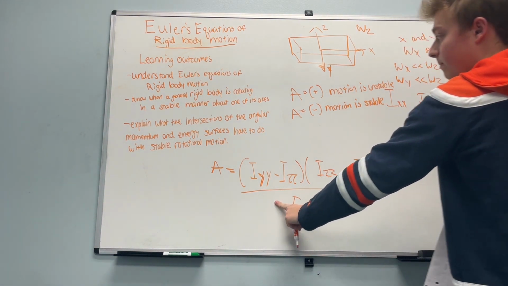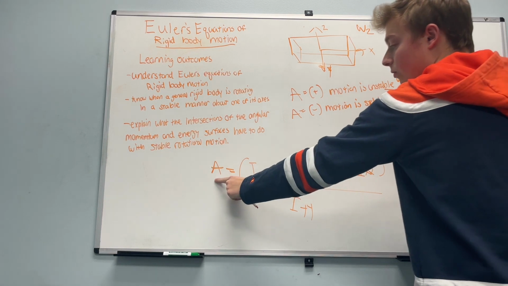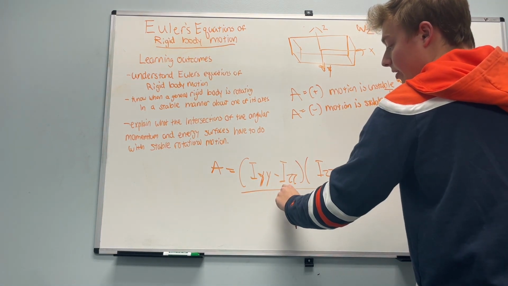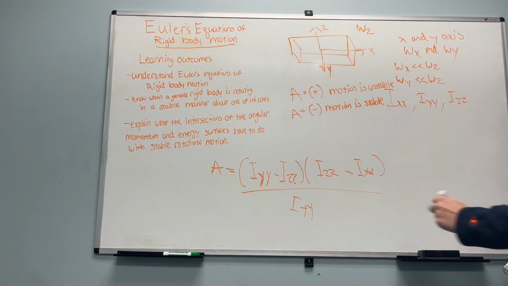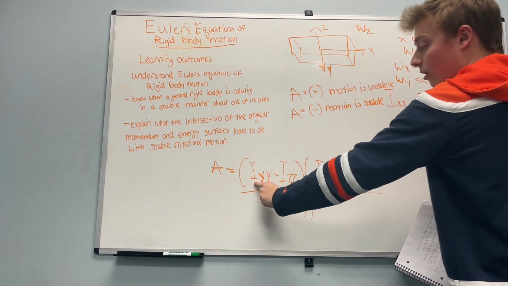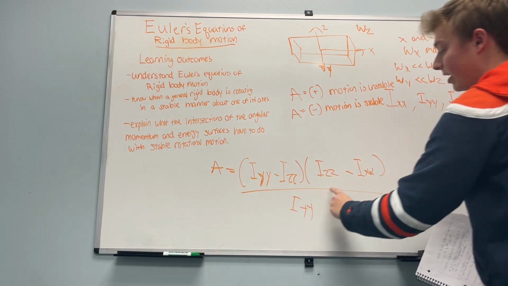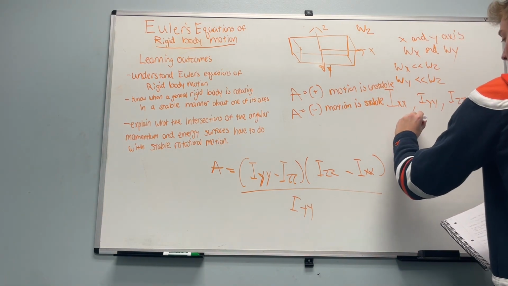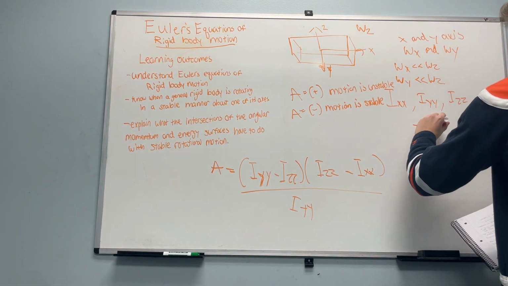Now we can see that if a would be positive, then our moment of inertia, IZZ, will be intermediate of IYY and IZZ, or we can write that as shown here.